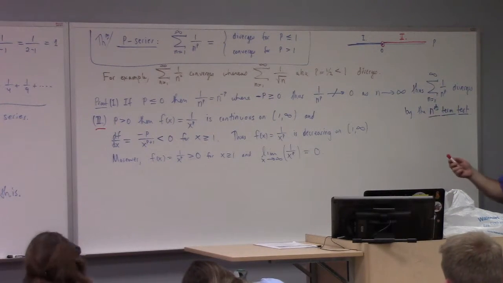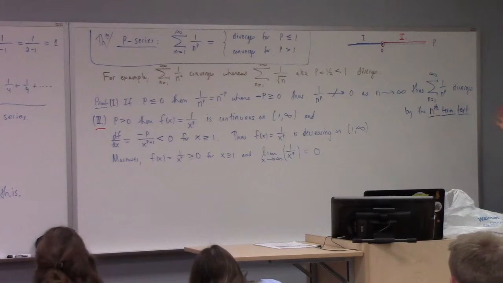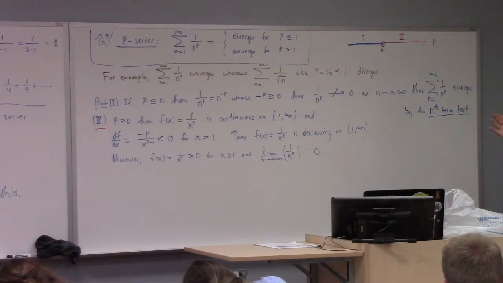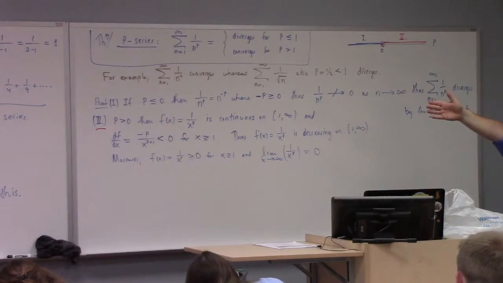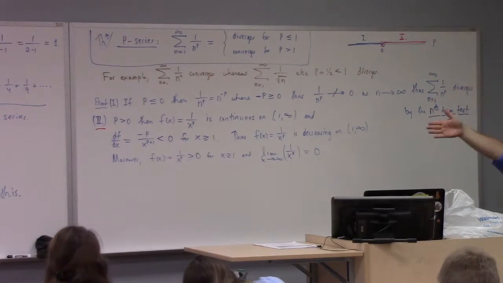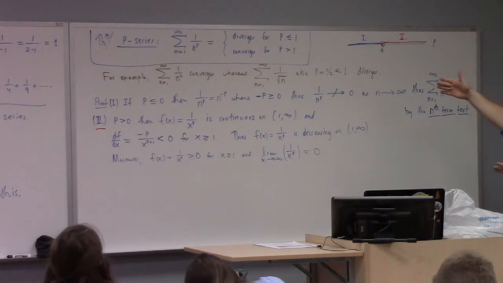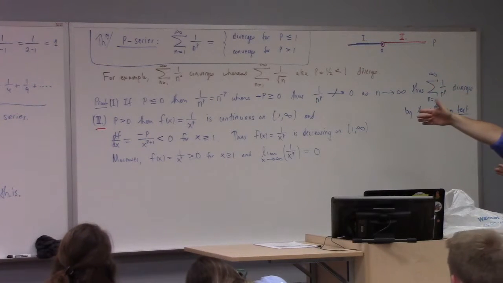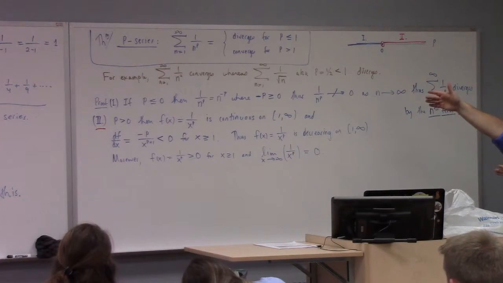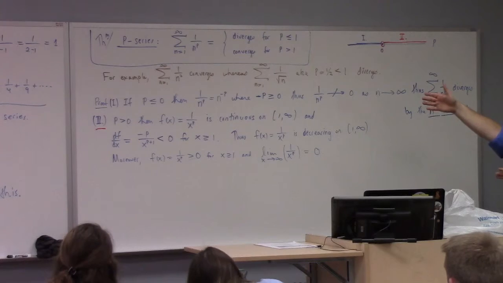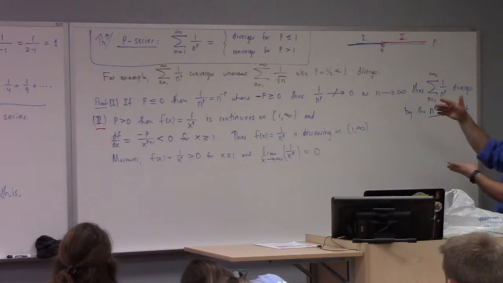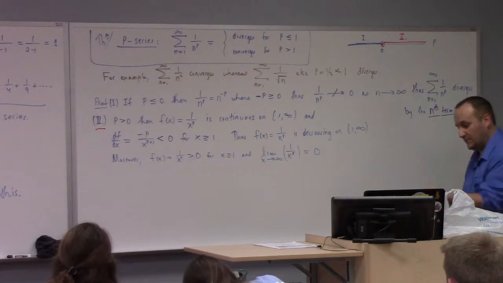So I have done what? We have satisfied the terms and conditions of the integral test, right? Therefore, the convergence or divergence of the p-series, in this case 2, is inextricably tied to the convergence or divergence of the corresponding improper integral from 1 to infinity, which we've already discussed, right?